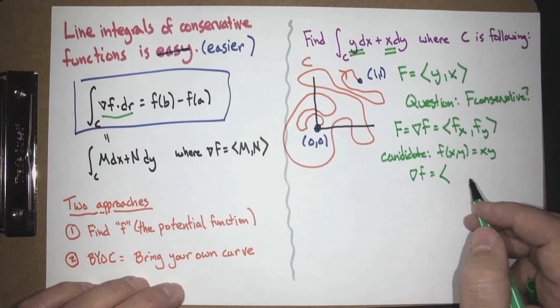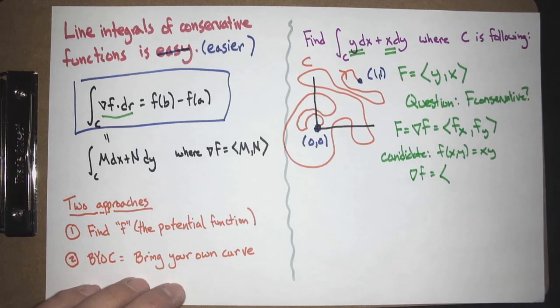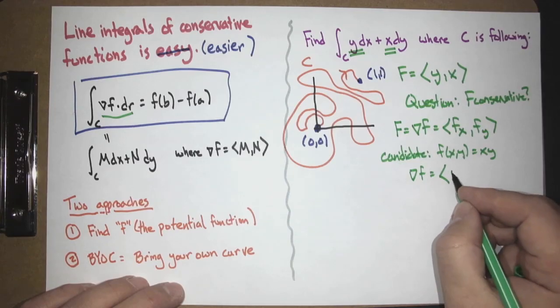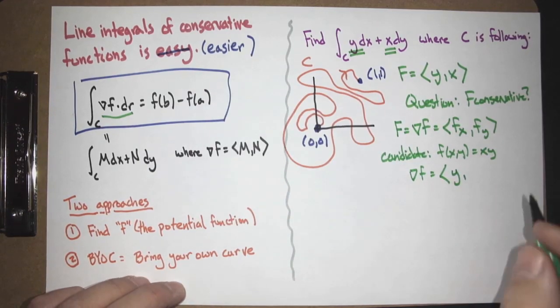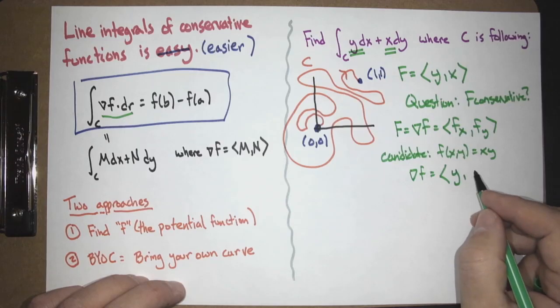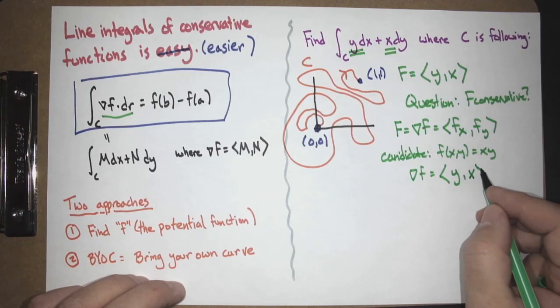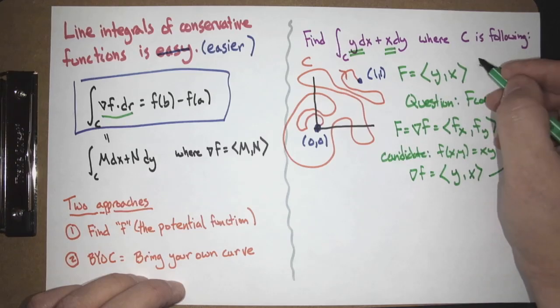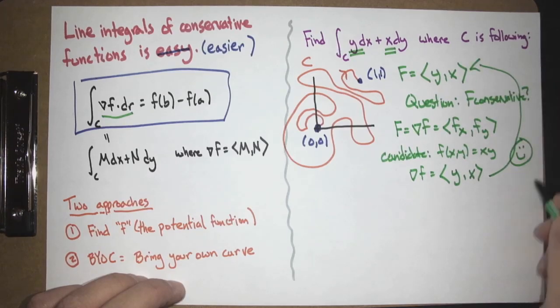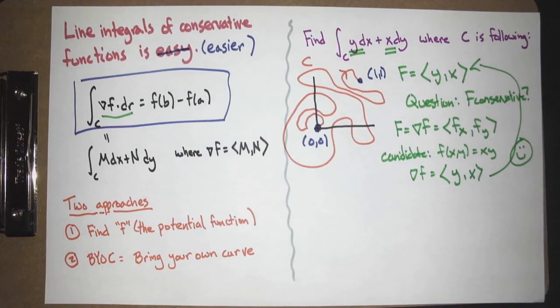Well, because we need to make sure. Oh, the variable y. I keep making that mistake. Okay. The derivative of this function with respect to y is x. And does it match? Woohoo! So we're happy.